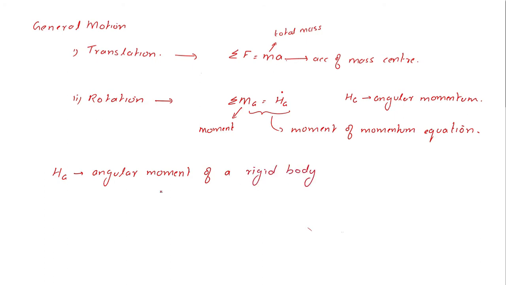Now we had already discussed this aspect when we considered a system of particles. I told you a rigid body can be considered to be a system of particles, and then we had derived the equation for H_G. The same thing once again we'll try to do, but in a slightly different way.